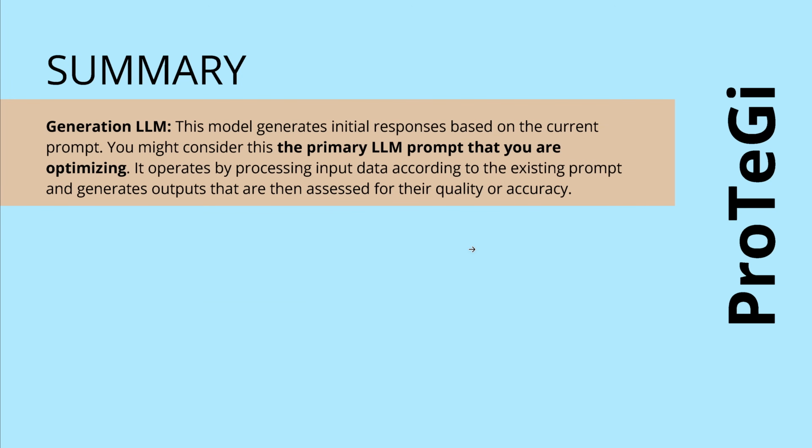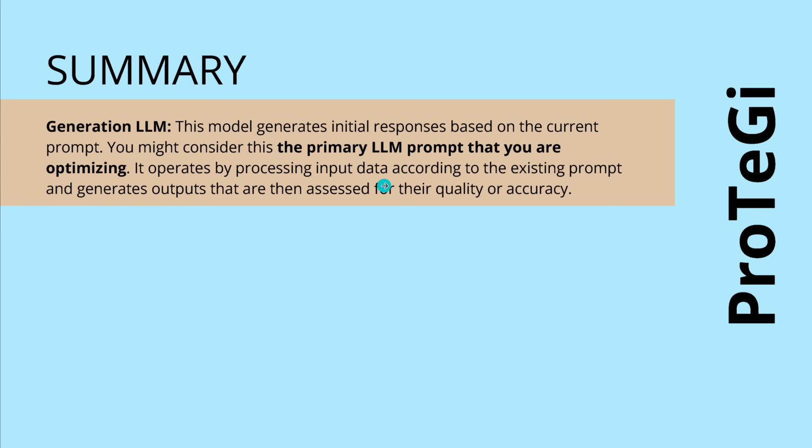Okay, so what we have is an LLM that generates something. This giant model, like say GPT 3.5, generates an initial response based on the current prompt. And you might consider this the primary LLM prompt that you are trying to optimize, but not handcrafted by you as a human, but you ask the help of another LLM, let's say GPT-4.